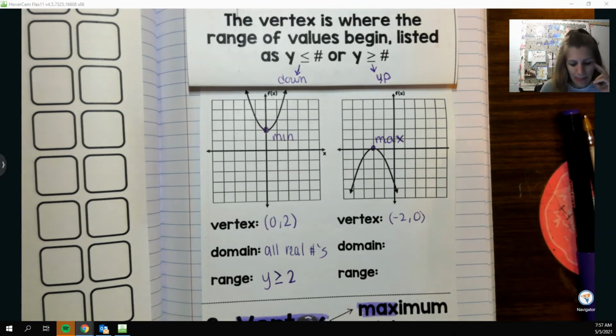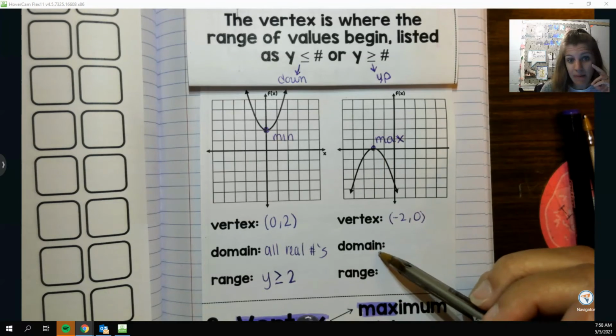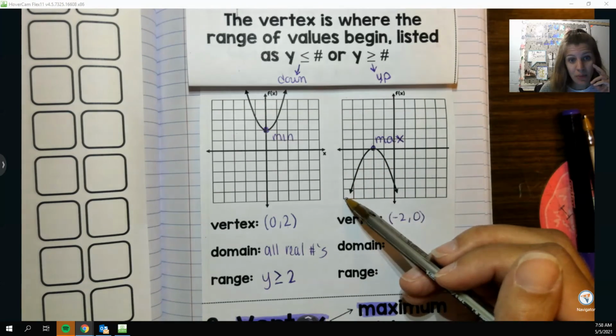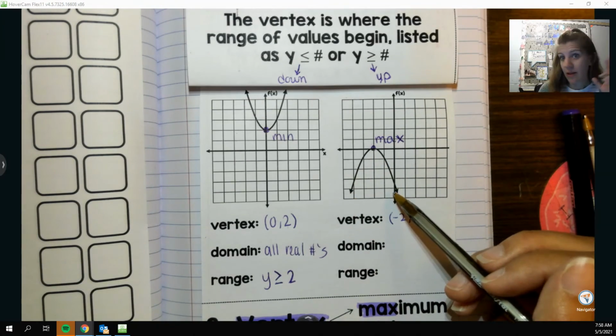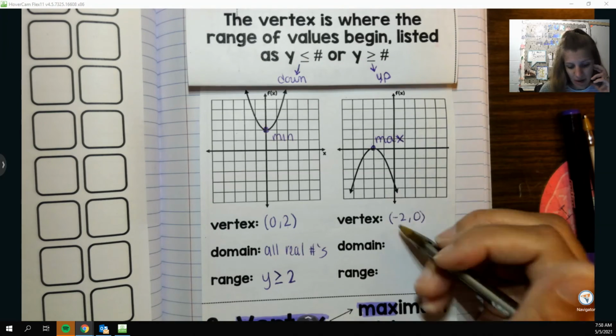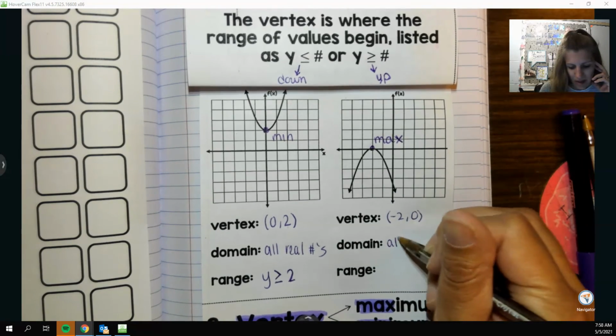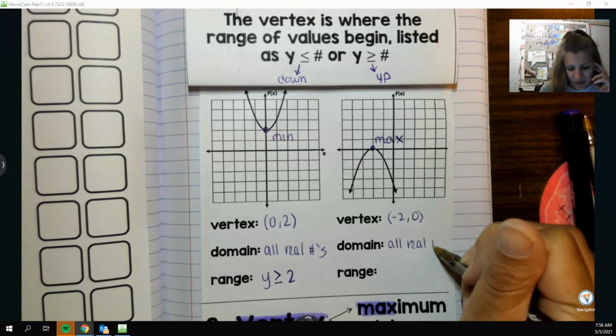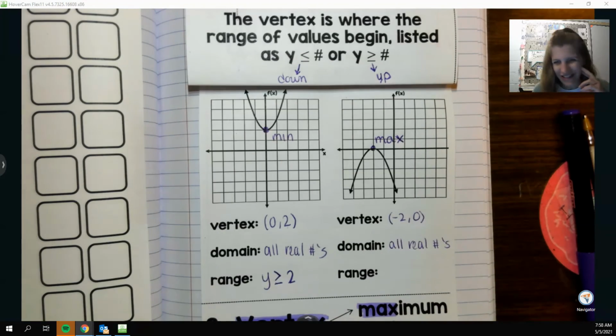And so again, when I think about my domain and range, these arrows are pointing left and right, which means they're going to go on forever left and right, which means my domain will be all real numbers. And fun fact, your domain will always be all real numbers for parabolas.